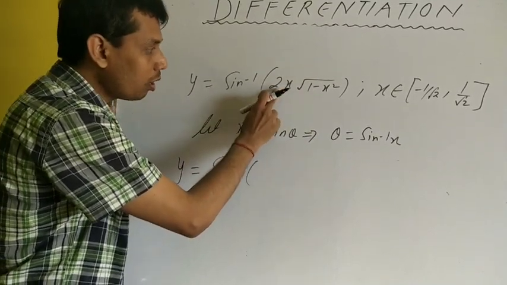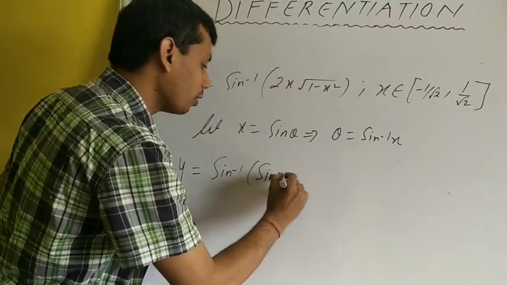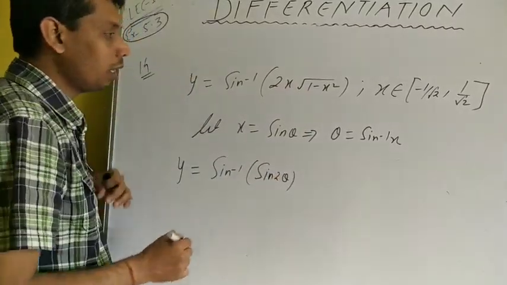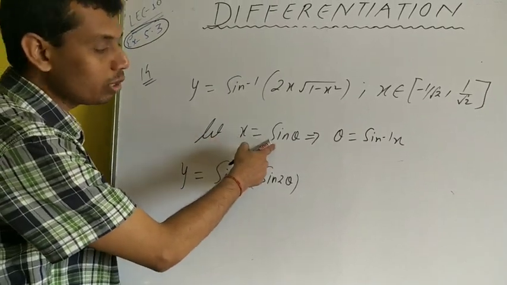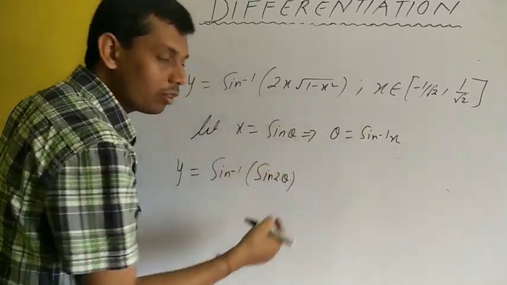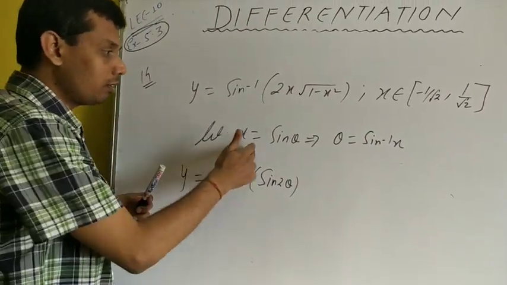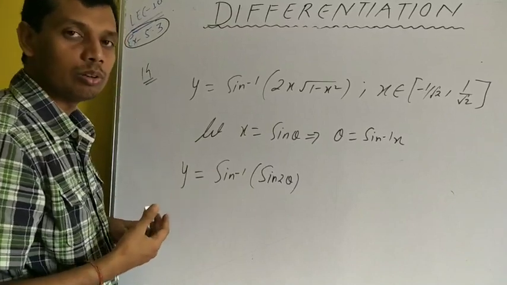So twice sine theta cos theta is equal to sine 2 theta. At the same time, if we assume x is equal to cos theta, then theta will be cos inverse x. If we assume x is equal to cos theta, in that case also an answer will come.